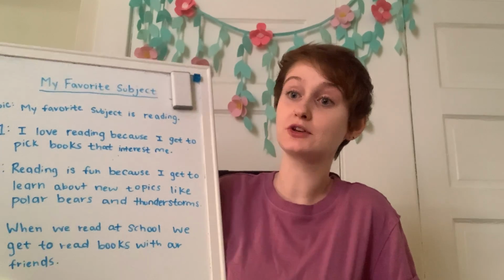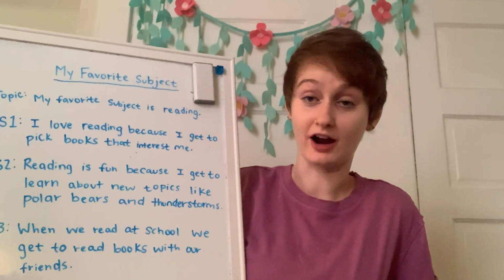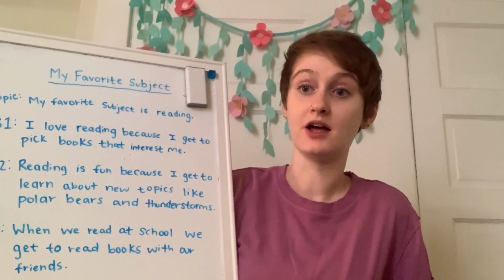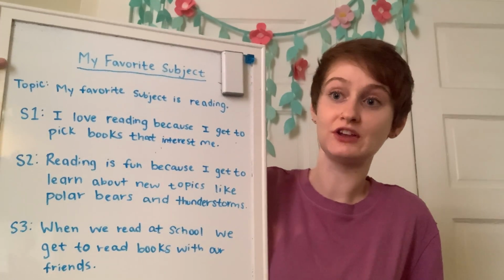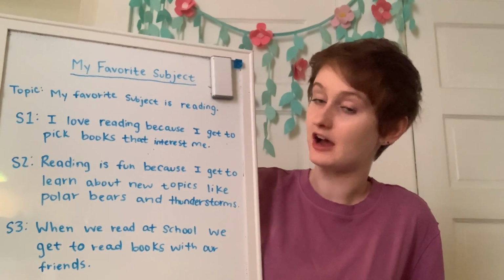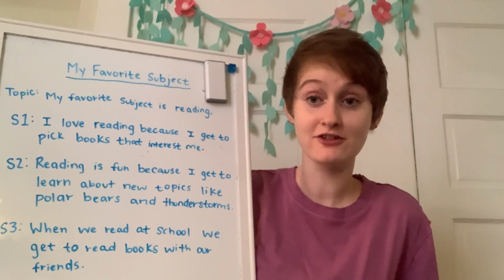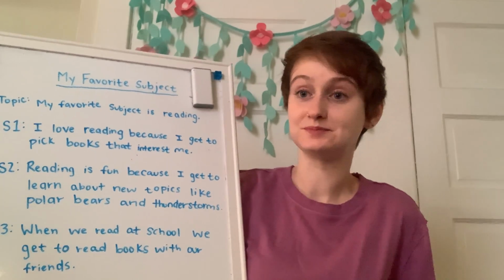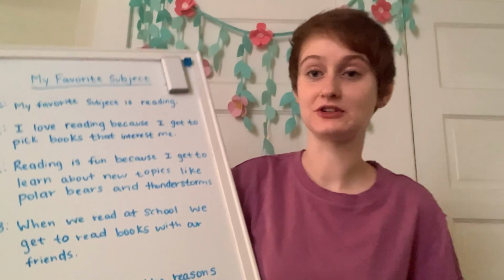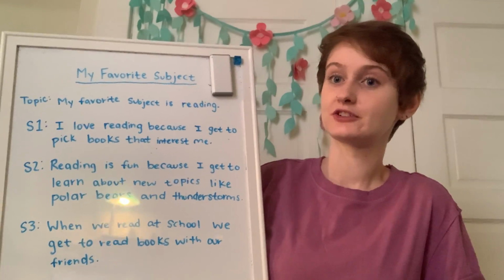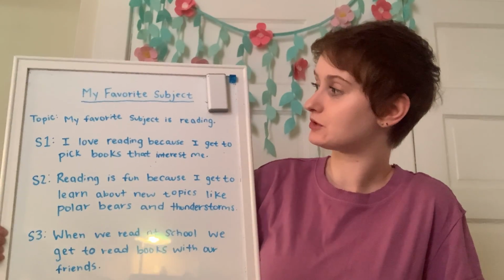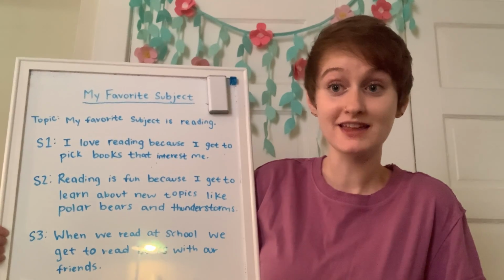Now I'm going to walk you through the parts of my paragraph and show you how I went from just having a topic sentence to having a completely thought out paragraph, which I'm going to show you now. Let me scoot back so you can see a little better. My favorite subject that I chose to write about is reading.